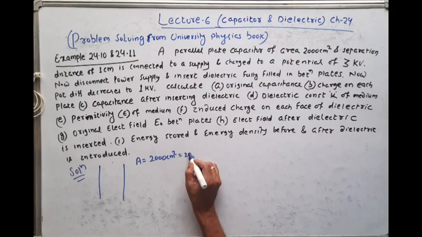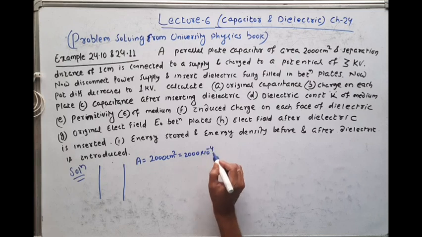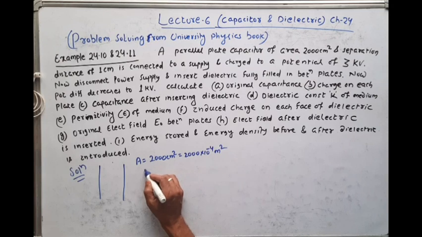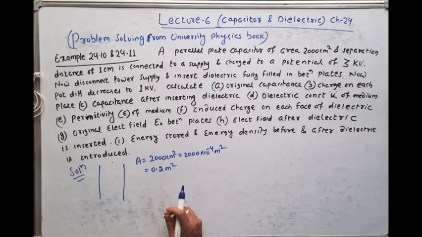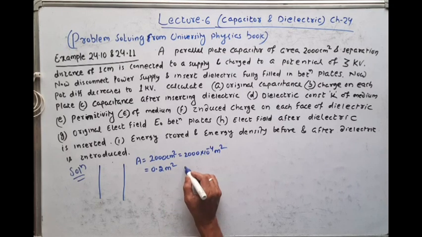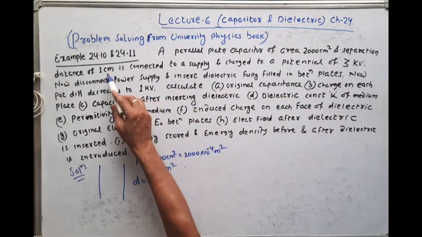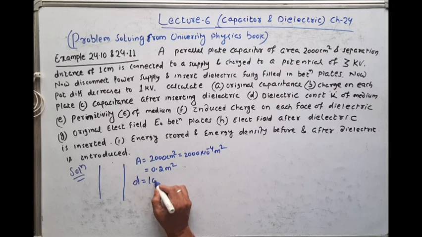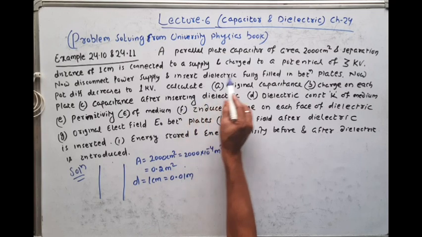You know 1 centimeter square is equal to 10 to the power minus 4 meter square, so the area of the plate is 0.2 meter square. Then the distance of separation is given as 1 centimeter, that is 0.01 meter.